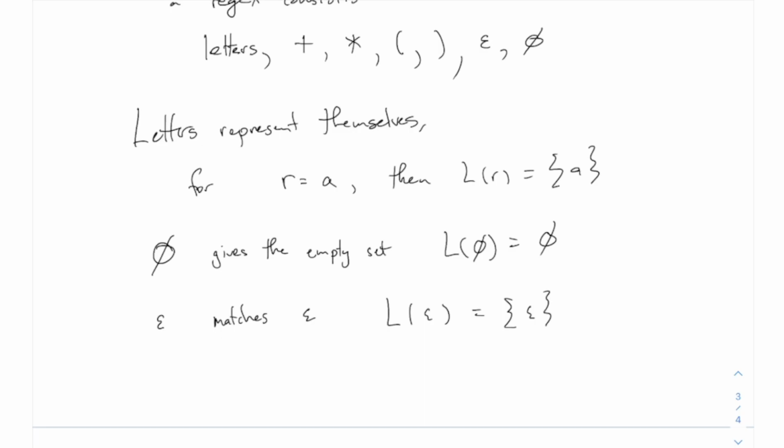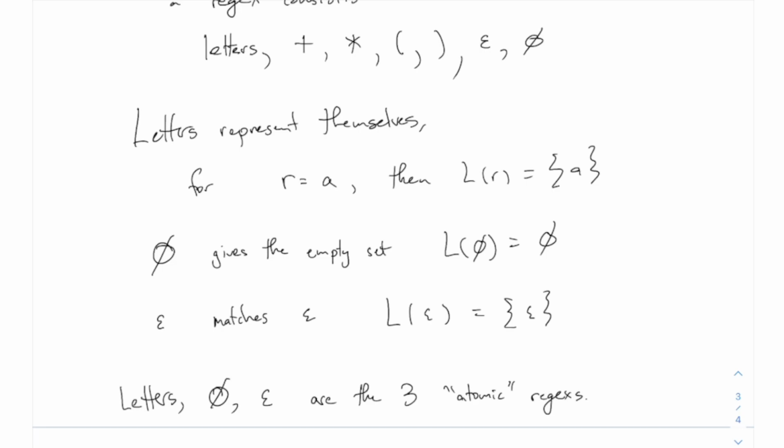All right. These three things I've said so far are referred to as atomic regular expressions. So letters, the empty set, and the empty string are the three atomic regular expressions.